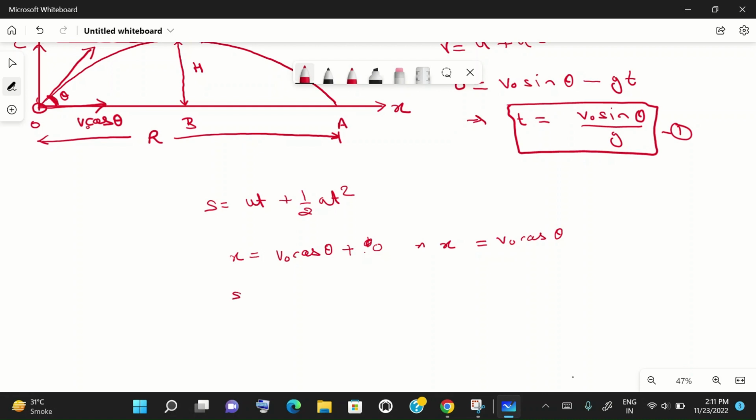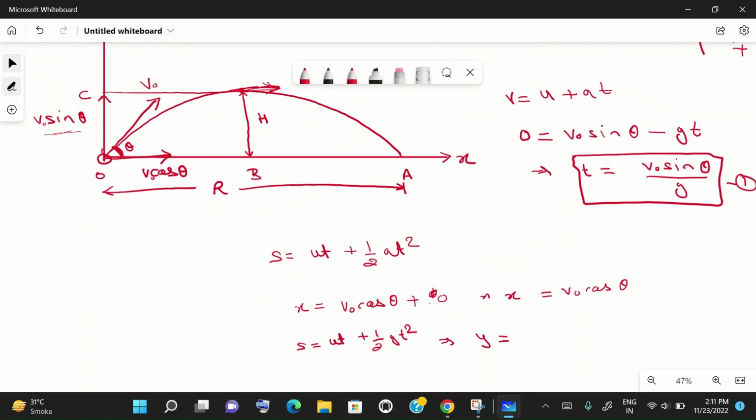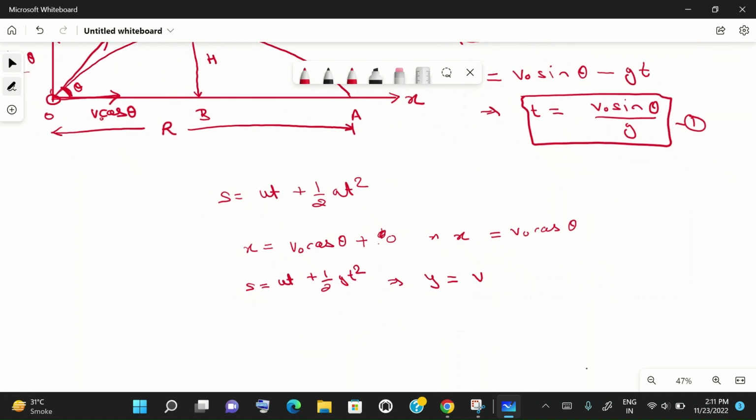And s is equal to ut plus half gt square. If we apply it in the vertical direction, the vertical coordinate is y, so y will be ut, where the initial vertical velocity is v naught sin theta. So y is equal to v naught sin theta times t minus half g t square, because g is negative here.